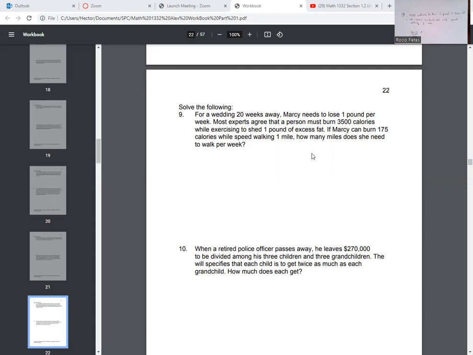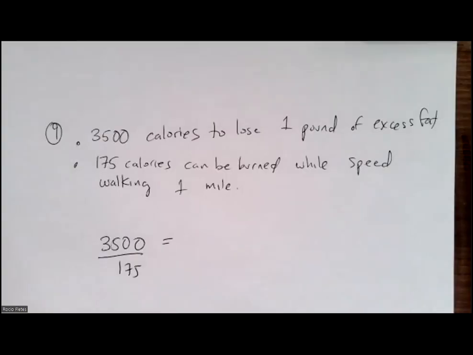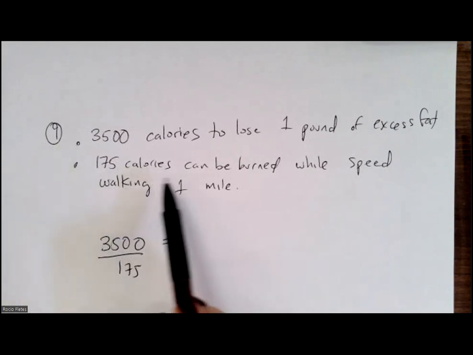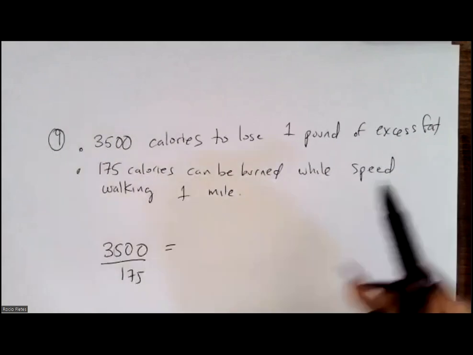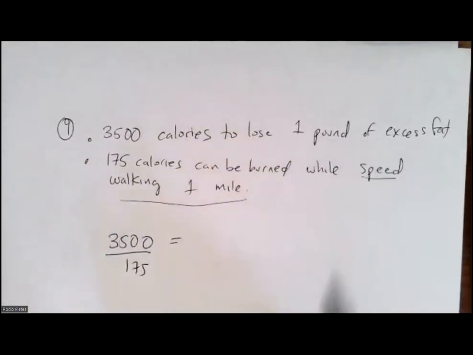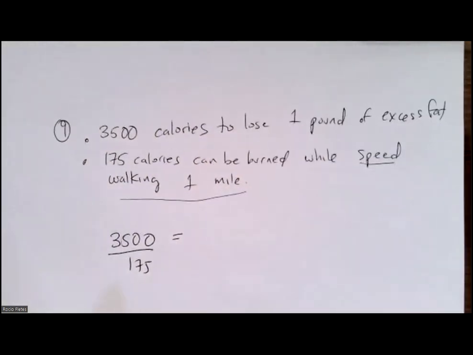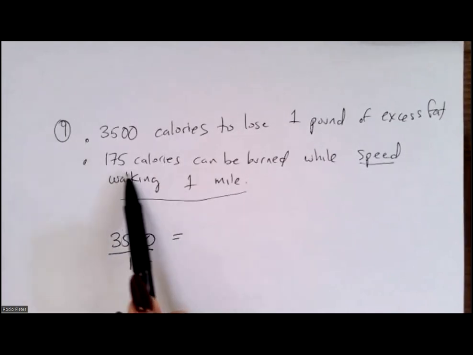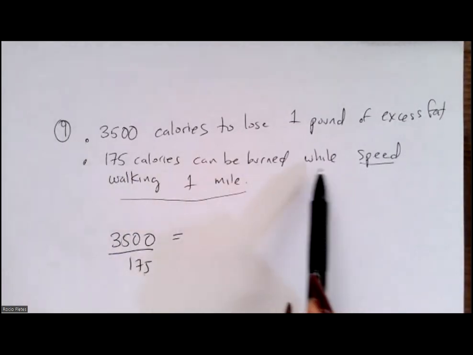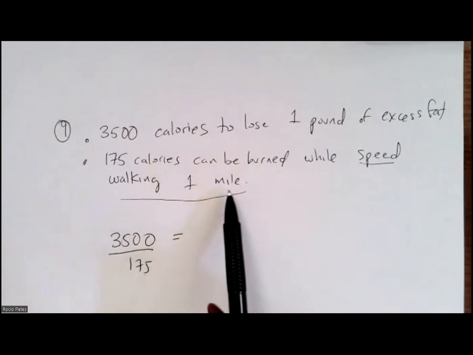Let me stop sharing this. So if you take 3,500 and I divide it by 175, which is the number of calories that can be burned while speed walking 1 mile, right? So how many calories can I burn? 175 can be burned while speed walking 1 mile.